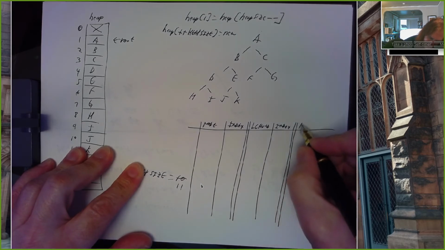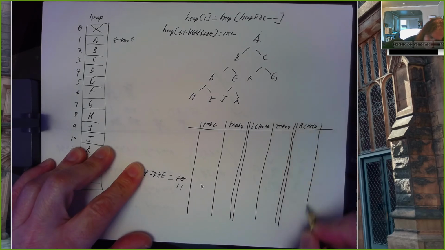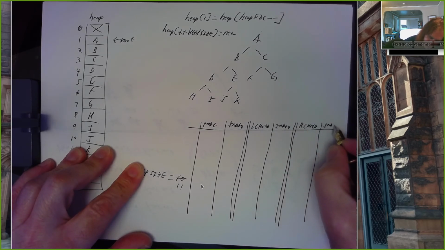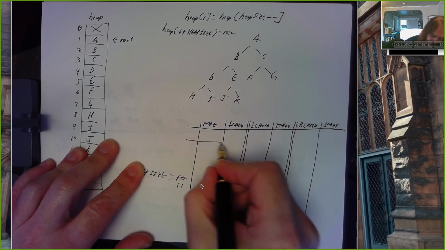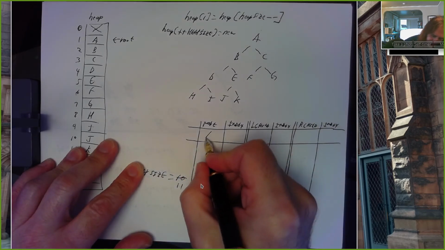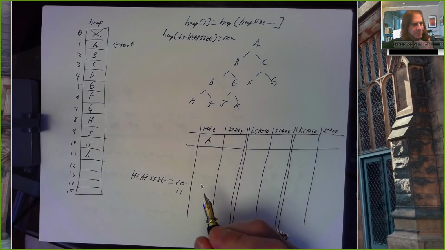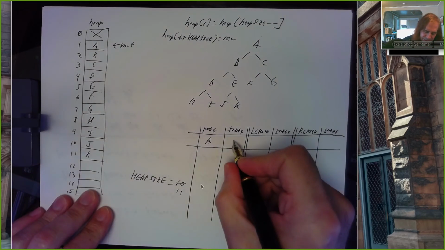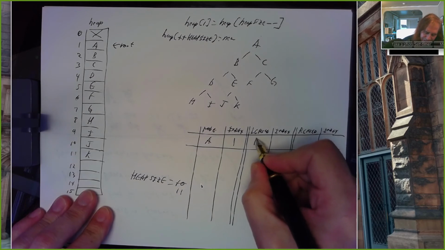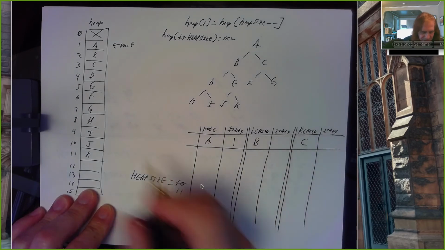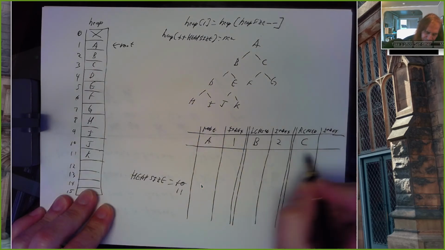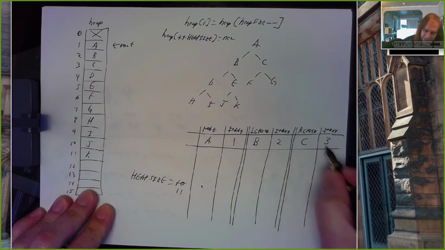And let's look at its right child, and that right child's index. So let's look at node A. The index of A is 1. Its left child is B. Its right child is C. The index of B is 2. The index of C is 3.